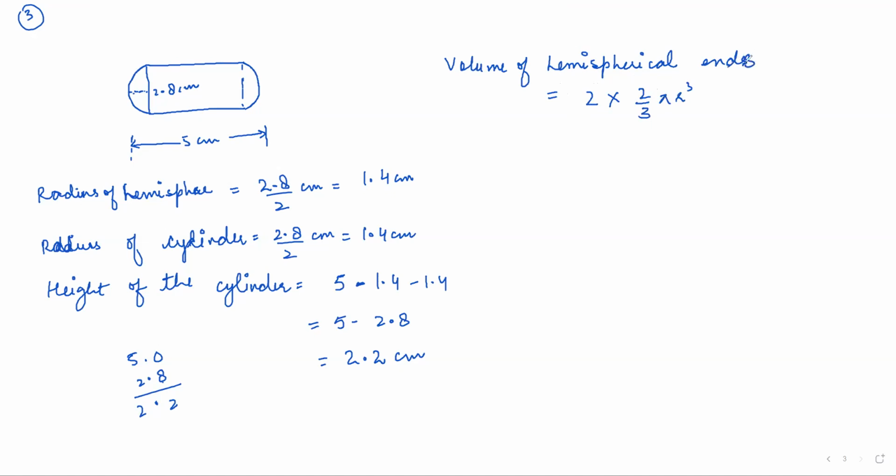Ends I'm writing, so I'm taking both here. So that is 2 into 2 by 3. Let's leave the answer in pi right now. And r, the radius of the hemisphere, is 1.4. So I can write 14 by 10 whole cube, right?